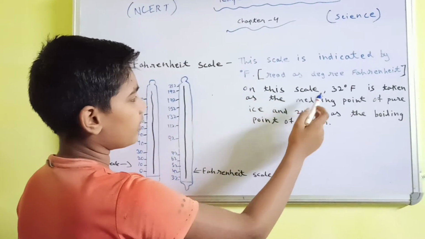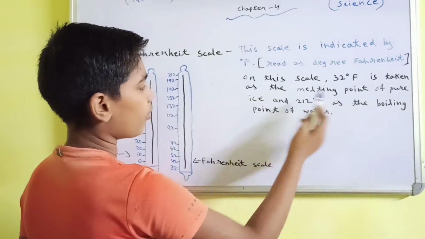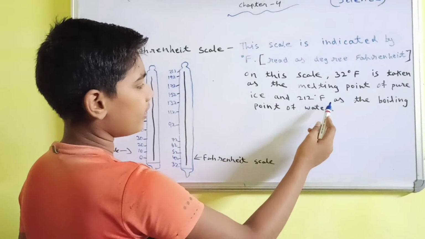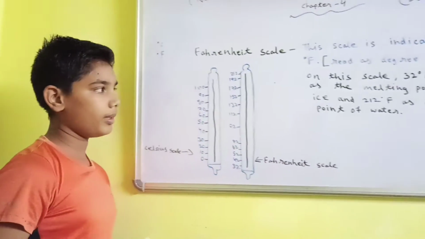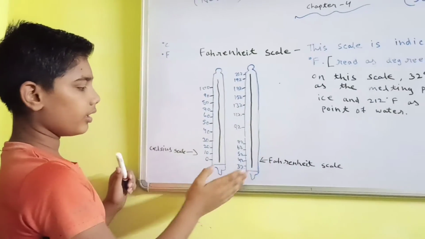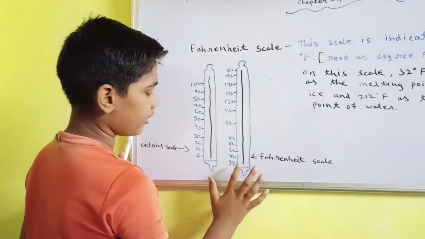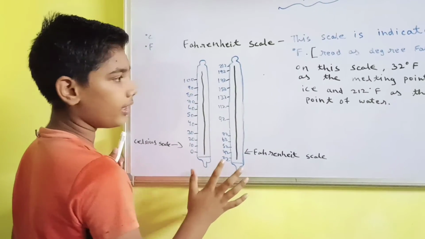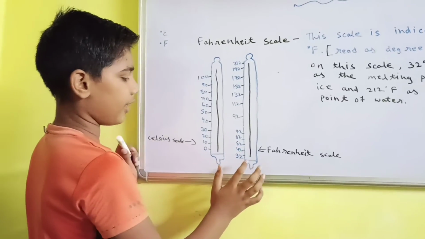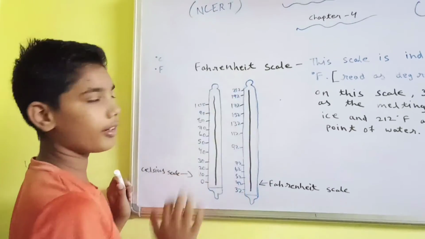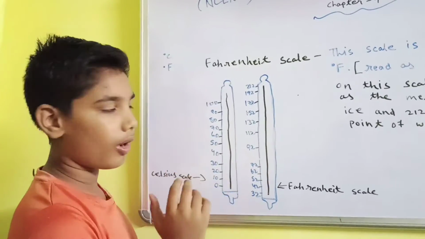On this scale, 32 degrees Fahrenheit is taken as the melting point of pure ice, and 212 degrees Fahrenheit as the boiling point of water. So when the Fahrenheit scale is at 32, it is the melting point of ice, and when it is at 212 degrees Fahrenheit, it is the boiling point of water.